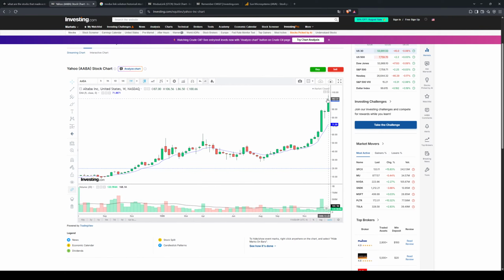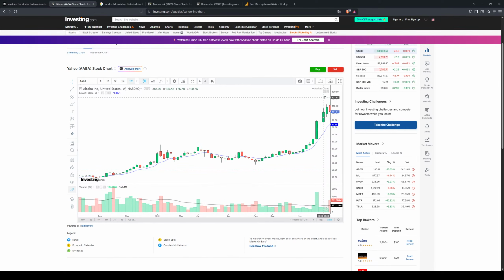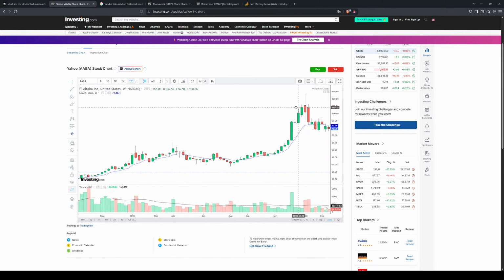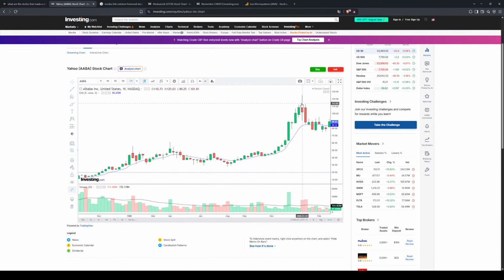And notice this candle is December 1999, and this one is January 2000, and this candle perfectly aligns with the exact top of the Nasdaq.